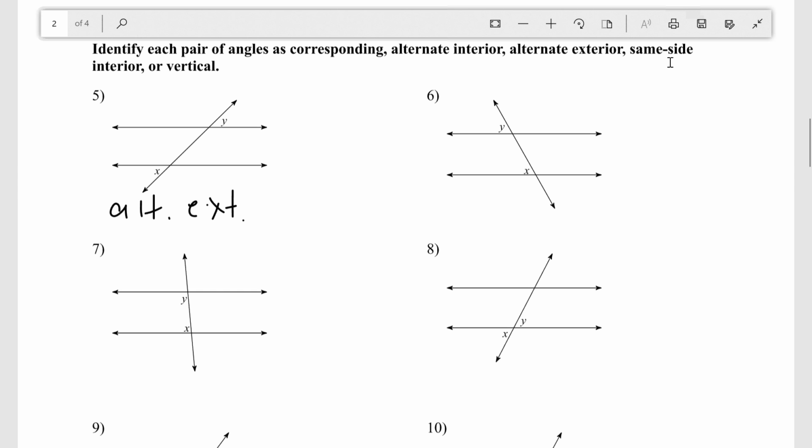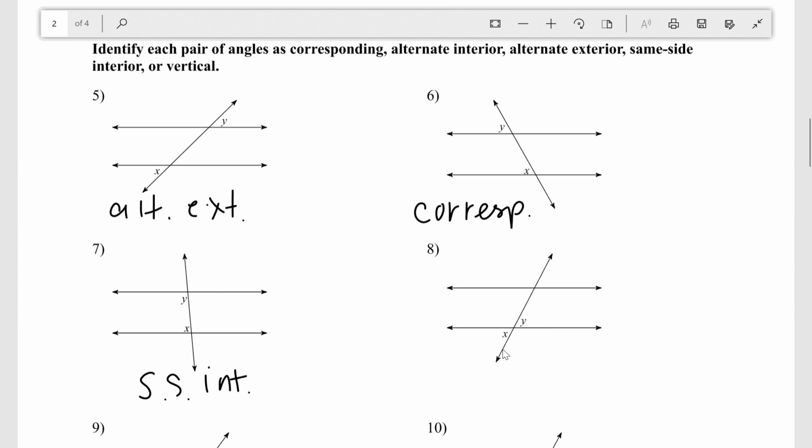It almost falls into same side interior, but they're not both inside. But they are in the same corner around each of my intersections. So these would be called corresponding. Angles x and y on number 7 are inside of my parallel lines and on the same side of my transversal. So these would be your same side interiors.